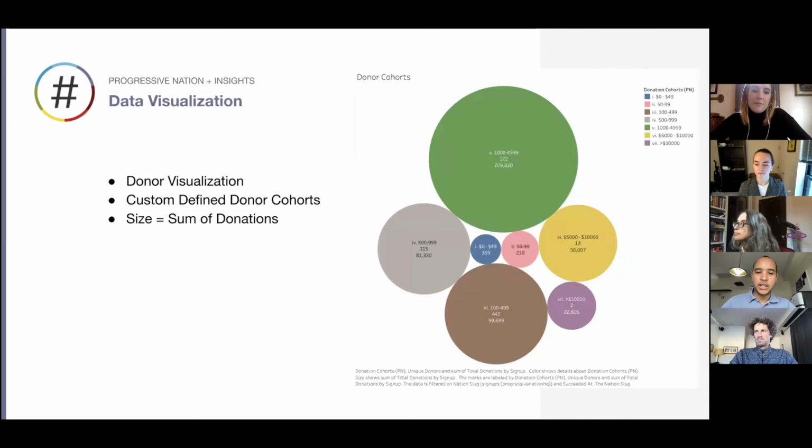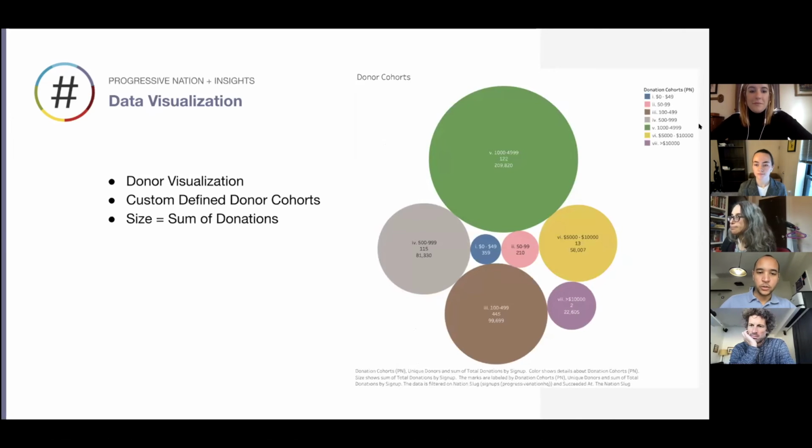This is another visualization. This one is properly called packed bubbles in NationBuilder Insights or in Tableau. It shows donor data that's grouped in what we have as custom defined cohorts. So for our clients, we break these cohorts down into 7 groups, but there are predefined ones, or you could create your own custom cohorts.